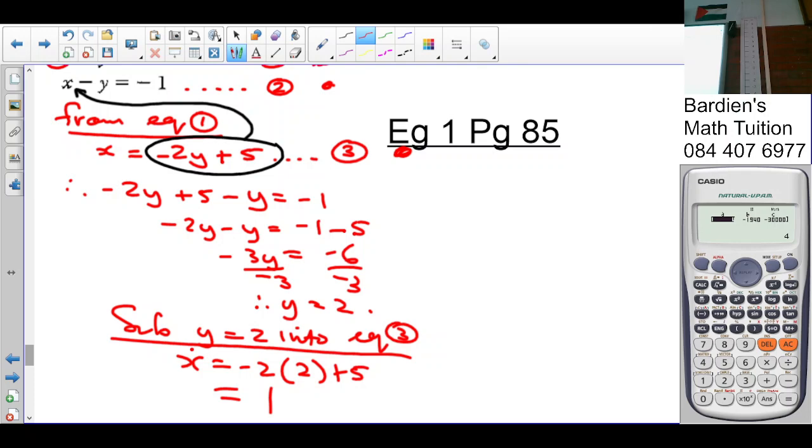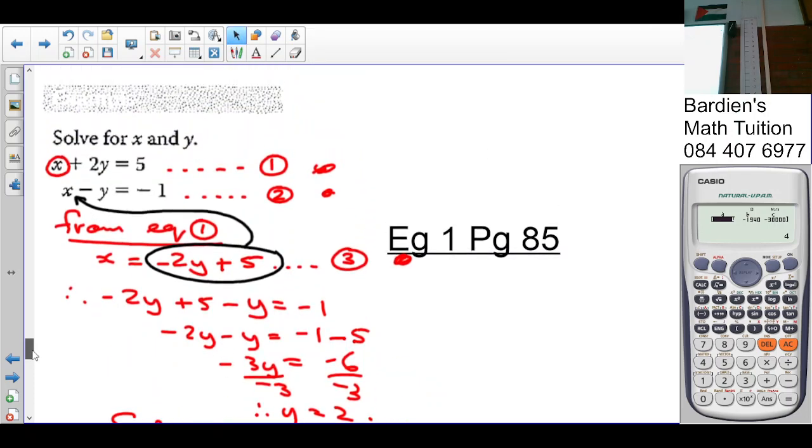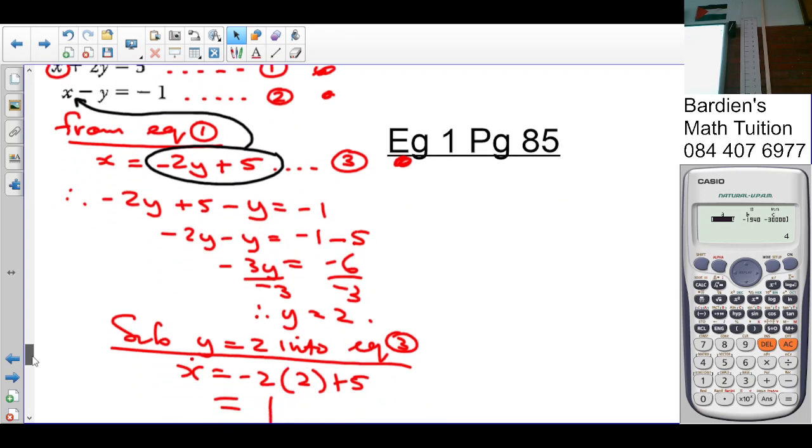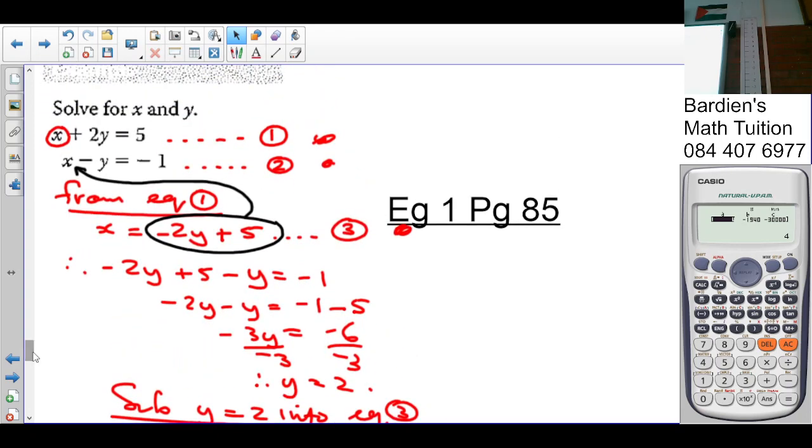Okay, and it can be tested. How can we test it? Remember, x is 1 and y is 2. If I substitute x as 1 and y as 2 into equation 1, this would be 1 plus 2 times 2. What is 2 times 2? 4. 4 plus 1 is 5.